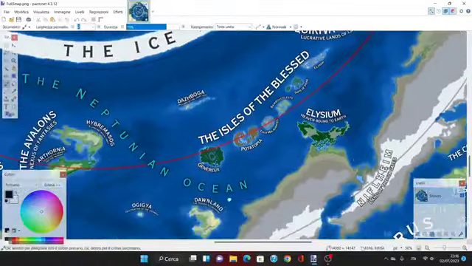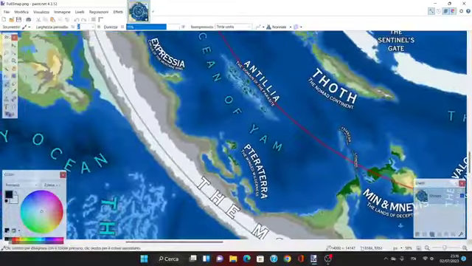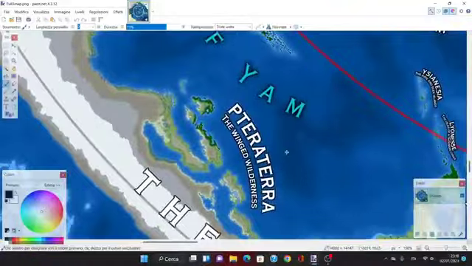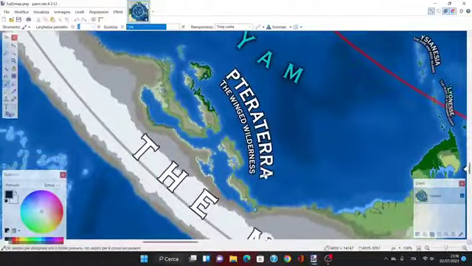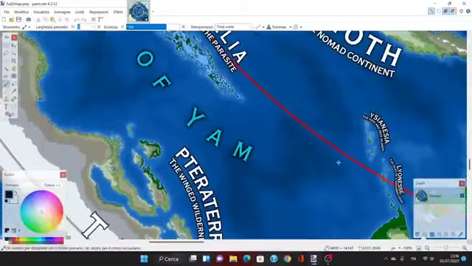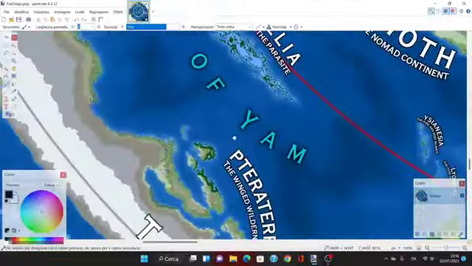But then we have things we didn't talk about because we just kind of skipped them in the original saga. So we have things like Ptera Terra, the winged wilderness. If I remember correctly, Ptera Terra was the land of a diverse species of birds that differed from the mainland and developed completely different from the rest of the world.